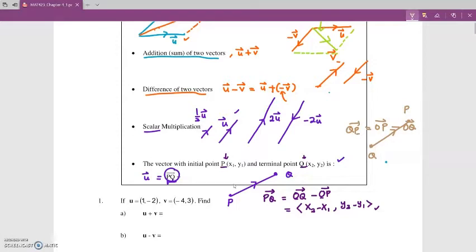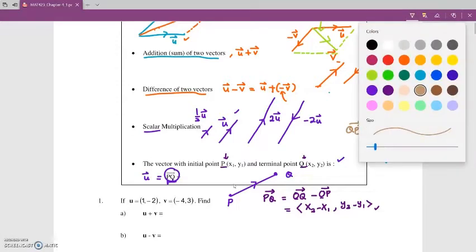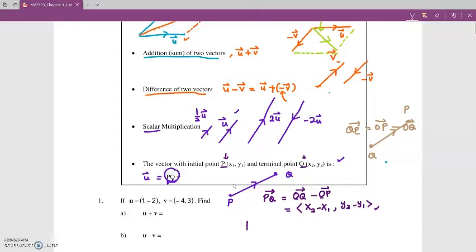Let me give you one example. Let's say point P is (2, 3) and point Q is (0, -2). Find the vector PQ. You must remember that it is Q minus P. So Q is 0 minus 2 for the x component, and the y component is negative 2 minus 3.